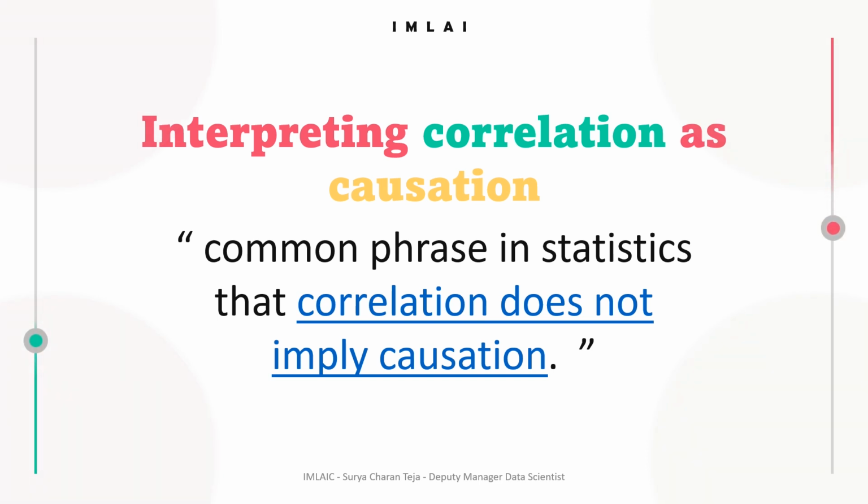Simply because we observe a relationship between two variables in a scatter plot, it does not mean that changes in one variable are responsible for changes in the other. This gives rise to the common phrase in statistics: correlation does not imply causation. I am repeating one more time: correlation does not imply causation.